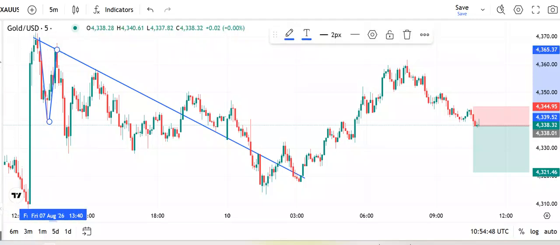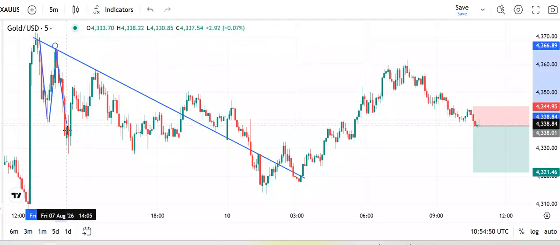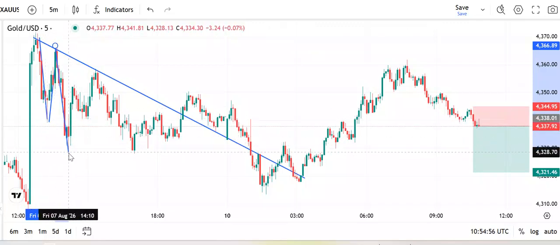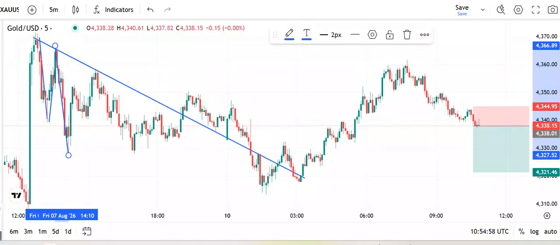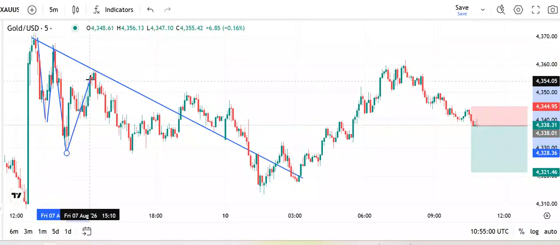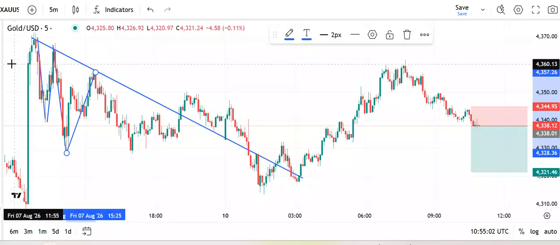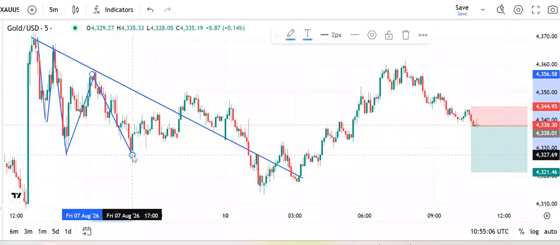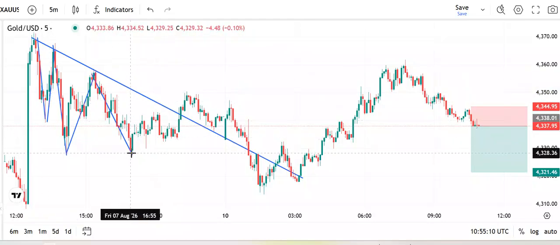This lower high and lower low. Lower low because this low is lower than this low. Alright, then we have lower high and this higher low. Higher low in the sense that this low is higher than this low.